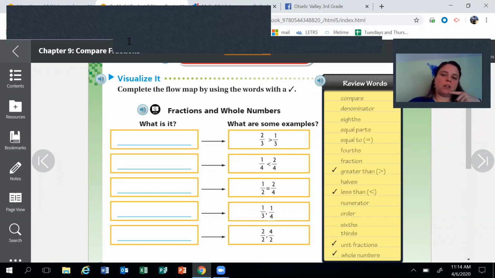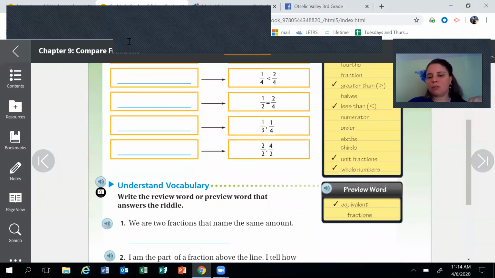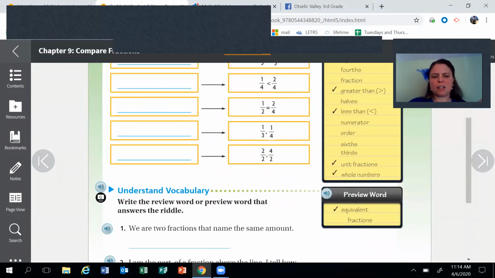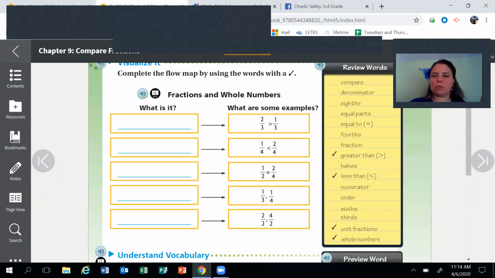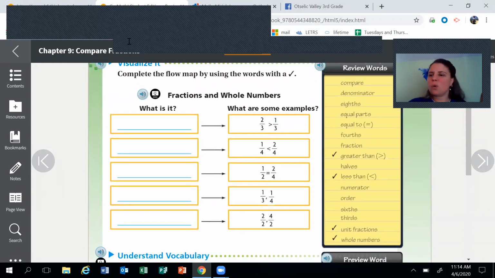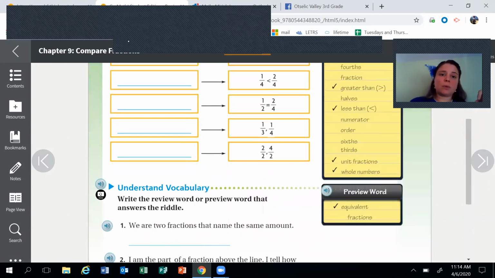Fourth, fractions, halves, numerator, order, sixths, thirds, none of those have equal in it. Let me read that again. We are two fractions that name the same amount. Equal parts or equal to. They're going to be equal to each other, right? So that's what we're going to write there.